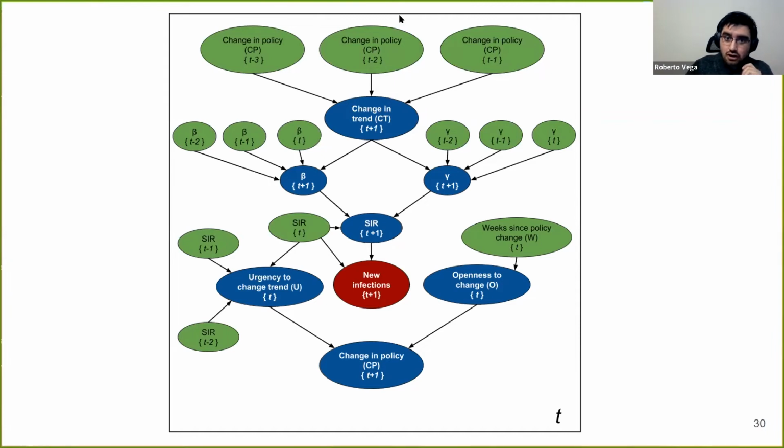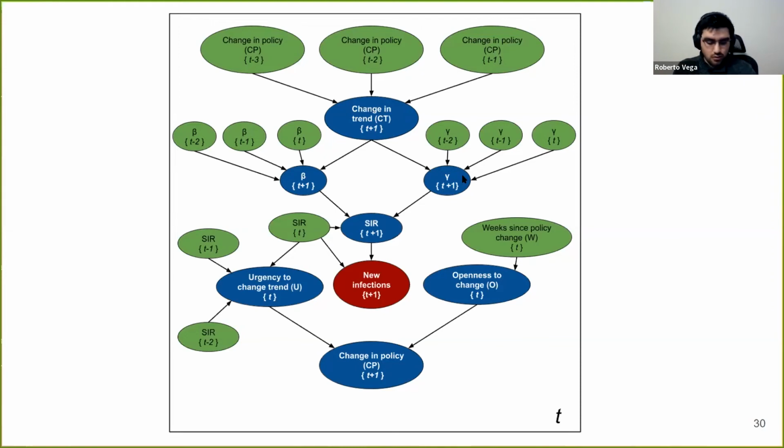And the ones here in the top, they are basically saying, the first node is that the change in trend depends on the changes in policy. If we have seen a change in policy, then we can expect a change in the trend. If not, then we cannot expect that. And based on the change of the trend, we can estimate the new parameters beta and gamma.